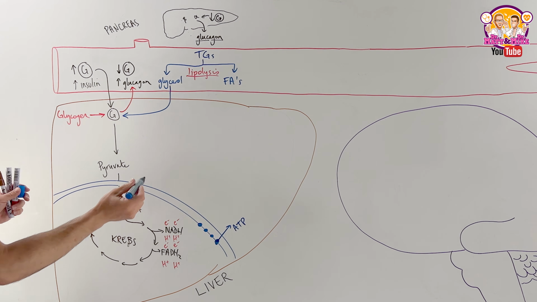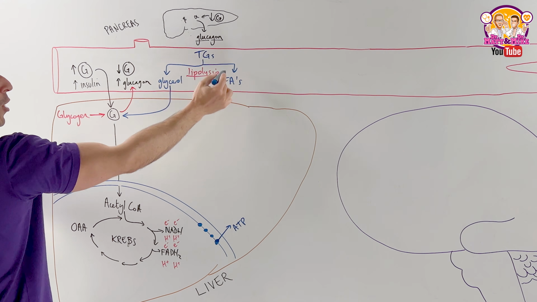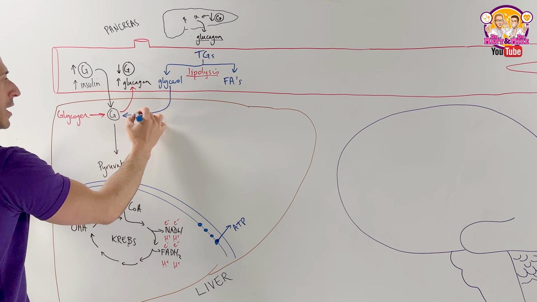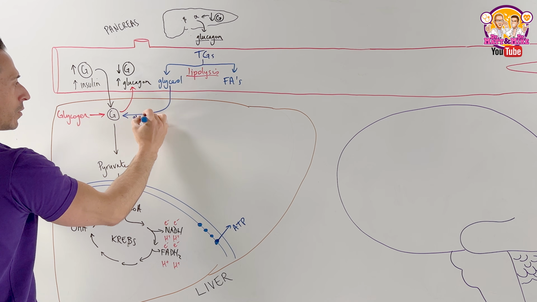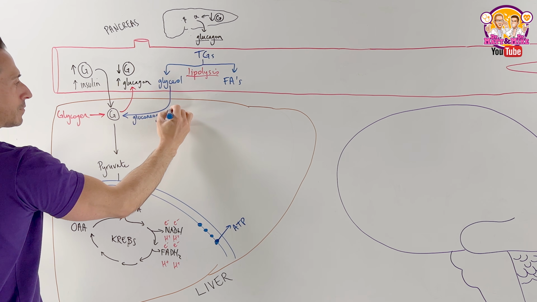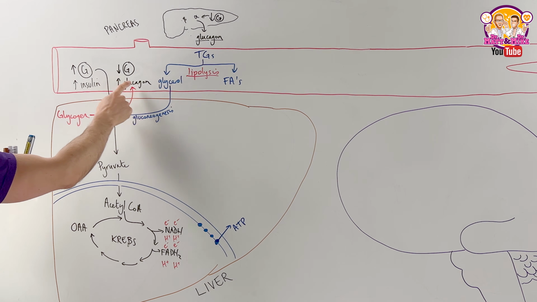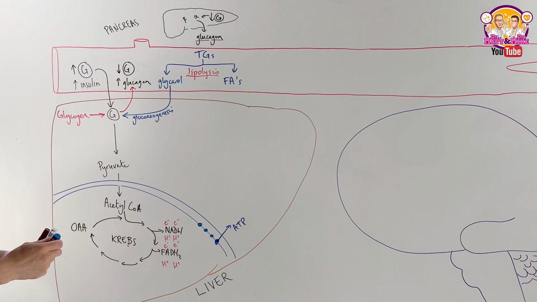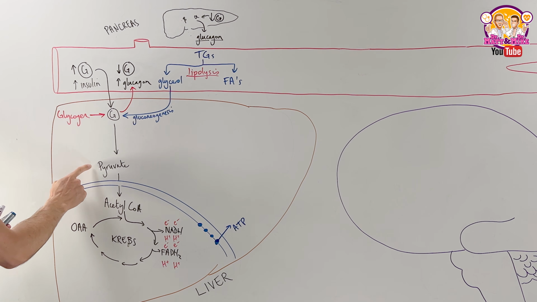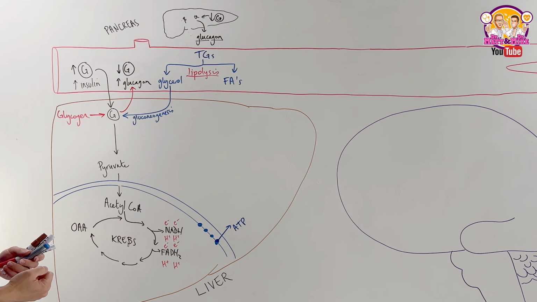This process of taking a non-carbohydrate based source and feeding it in to make more glucose is called gluconeogenesis. So when blood glucose levels are low, gluconeogenesis can occur. Okay, that's brilliant. What else can happen? Well, I want you to think about this. We can't bring pyruvate back up, but what we can do is take oxaloacetate.